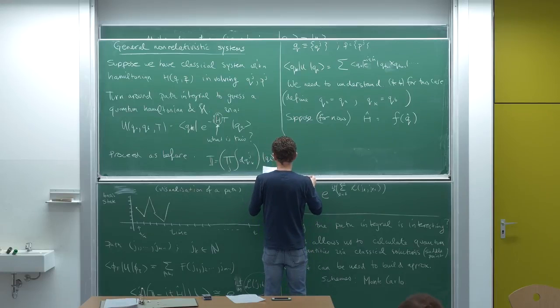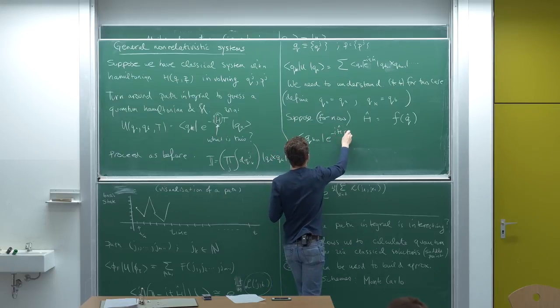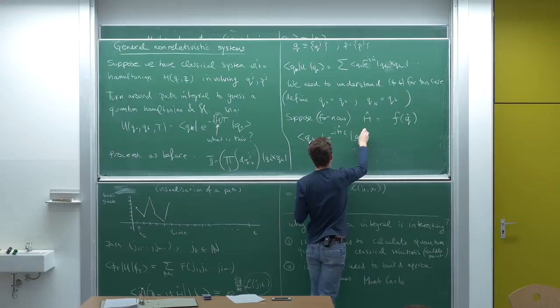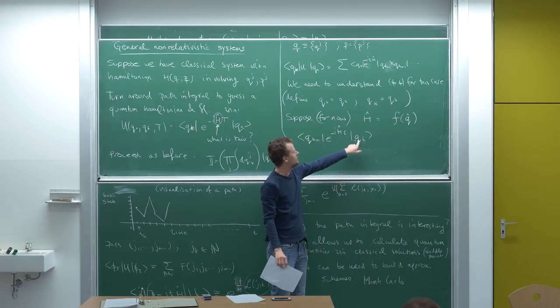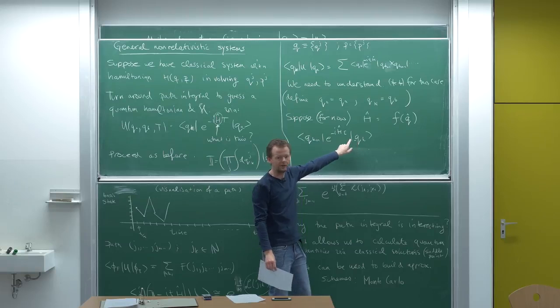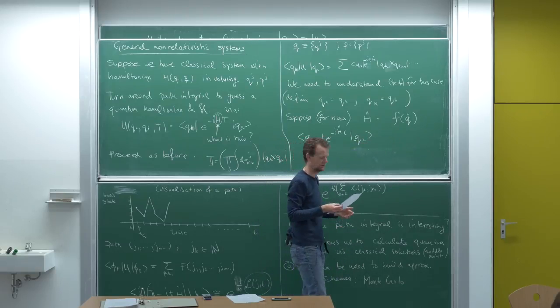Then it turns out that we can do this calculation of e to the minus i H epsilon pretty easily, because Q is the energy eigenbasis for a Hamiltonian of the form f of Q hat. Couldn't get simpler, right?